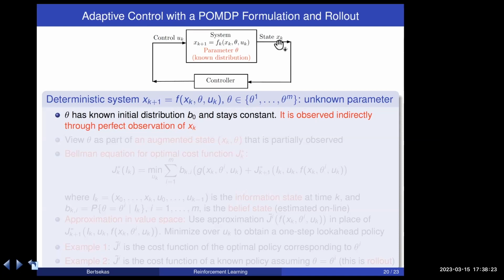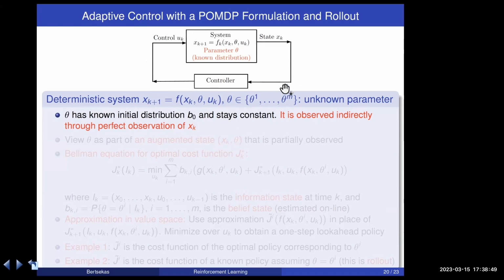By observing xk, we're essentially taking measurements of theta. And so that's where the estimation comes from. So we have the system, we observe the state. The controller accumulates all these observations and decides on a control using some policy that we are trying to find.